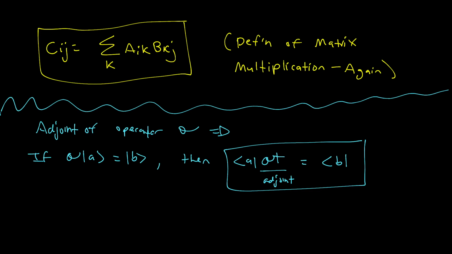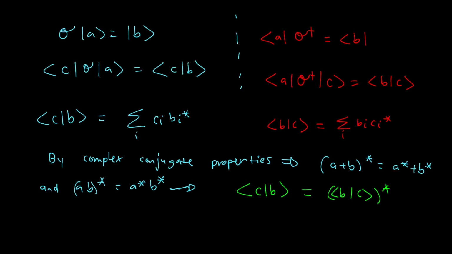Next, we will define the adjoint of operator O. If operator O operated on a ket vector A gives you ket vector B, then the adjoint of operator O operated on the bra vector A has to give you the bra vector B. So if O operated on |A⟩ gives you |B⟩, that means ⟨C|O|A⟩ equals ⟨C|B⟩.